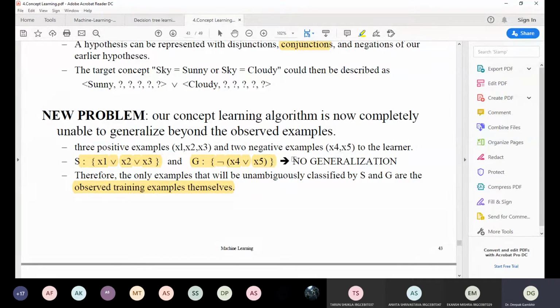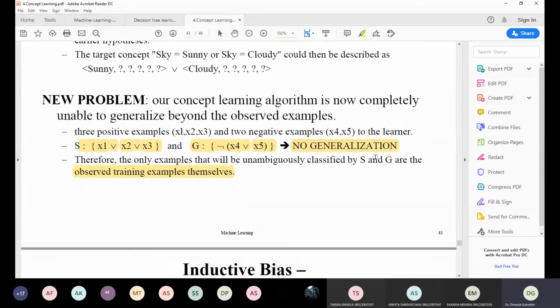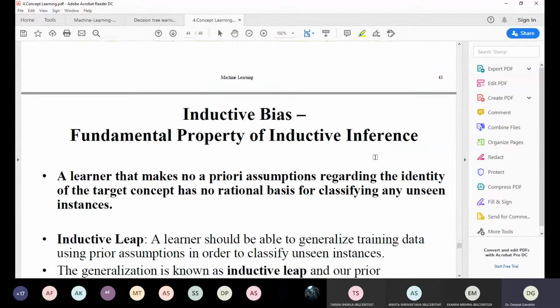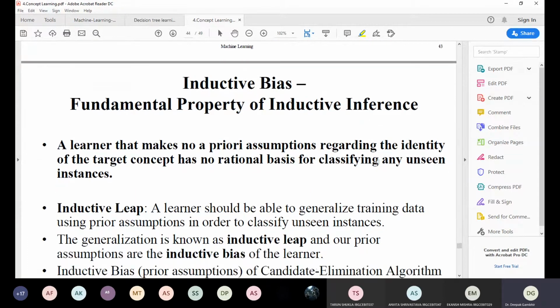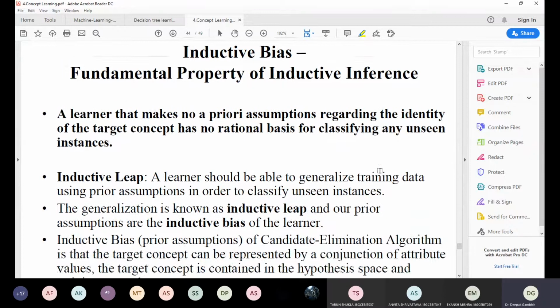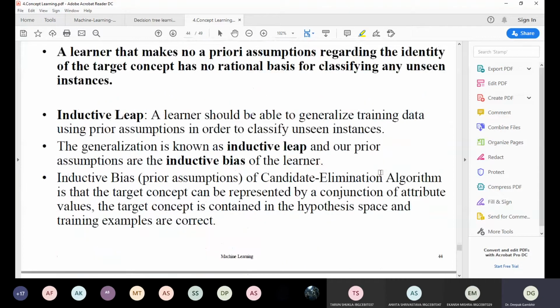So it means there is no generalization. That is of no use: we can learn a very good training algorithm, but when testing with unknown cases, the resultant output is not so good.